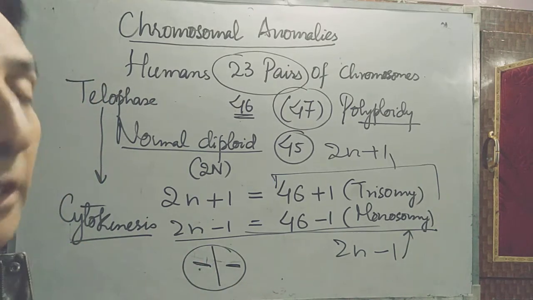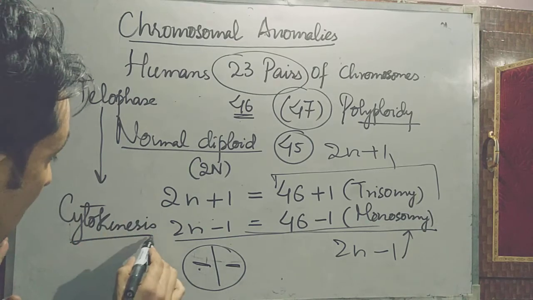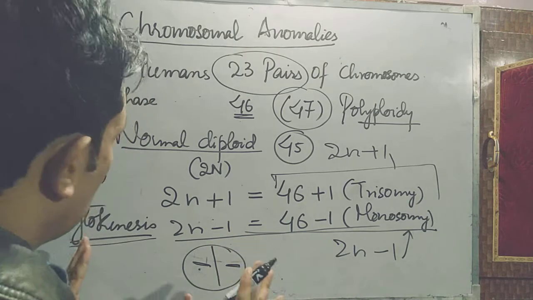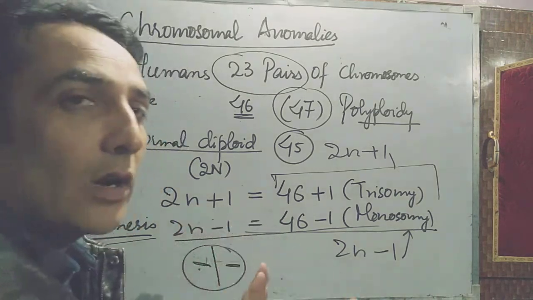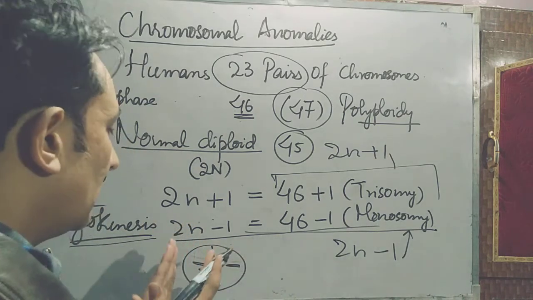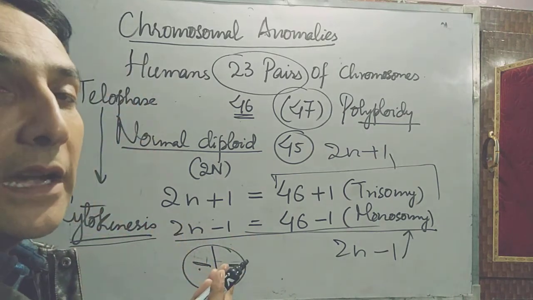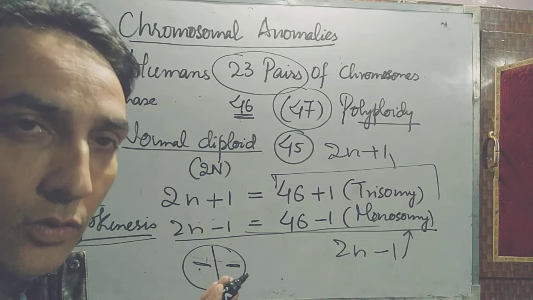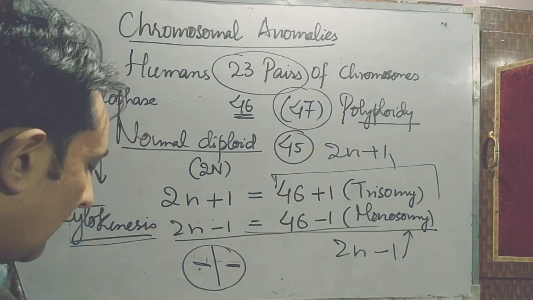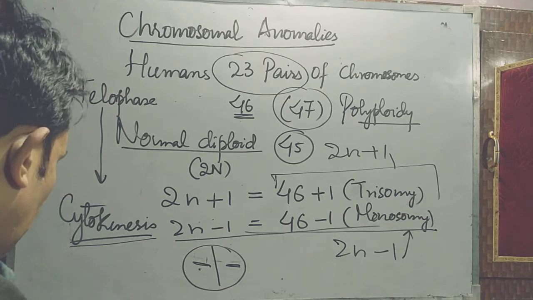If at the end of the cell division the cytokinesis doesn't occur, it means all these chromosomes will get accumulated in the same cell, and it will increase the number of chromosomes manifold, and that very condition is known as the polyploidy condition.